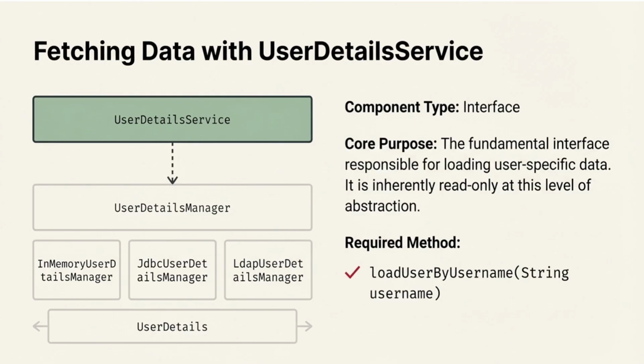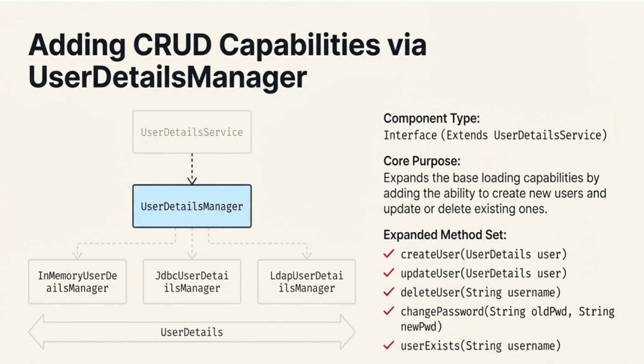Inside this interface, there is a single abstract method which is going to load the user detail from any storage system, and it can be in-memory user detail or it can be a database, regardless of whatever the storage system is. The purpose of this method is to load the user details from the storage system based upon a given username. Now this interface is extended by another interface which is user detail manager.